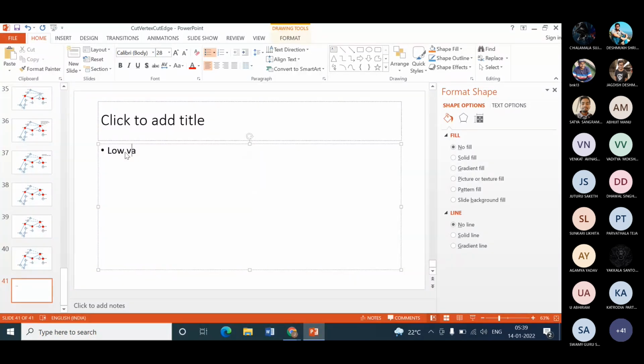तो लो वैल्यू ऑफ ए वर्टेक्स, क्या ये बोल रहा है?